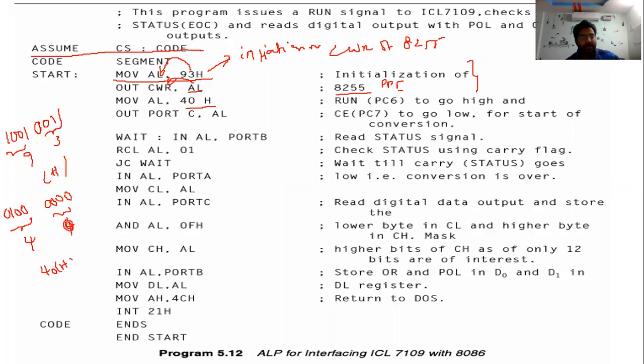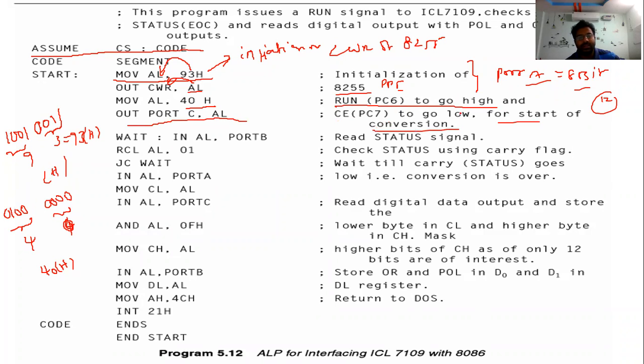This is 40H, and that is 93H. Why is it 40H? For this you could initialize only port A, but it is 8-bit only. But how many bits do you require? You require 12 bits. So that's why port C is also required.